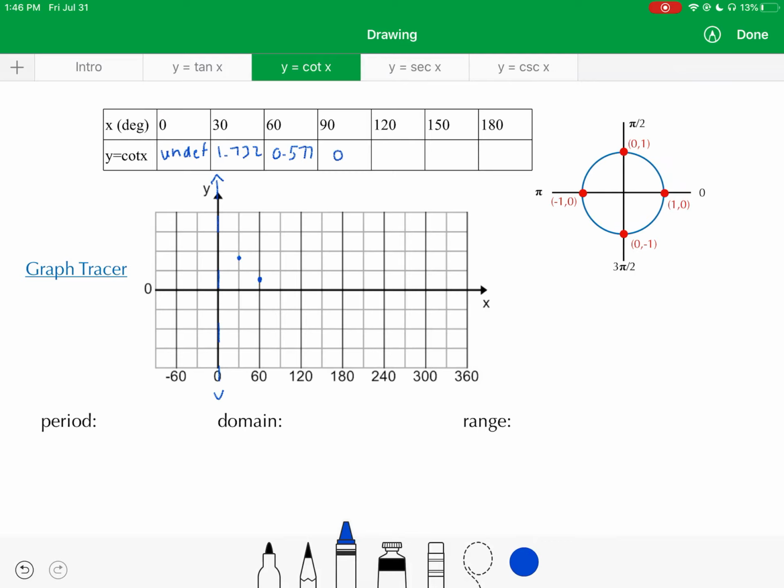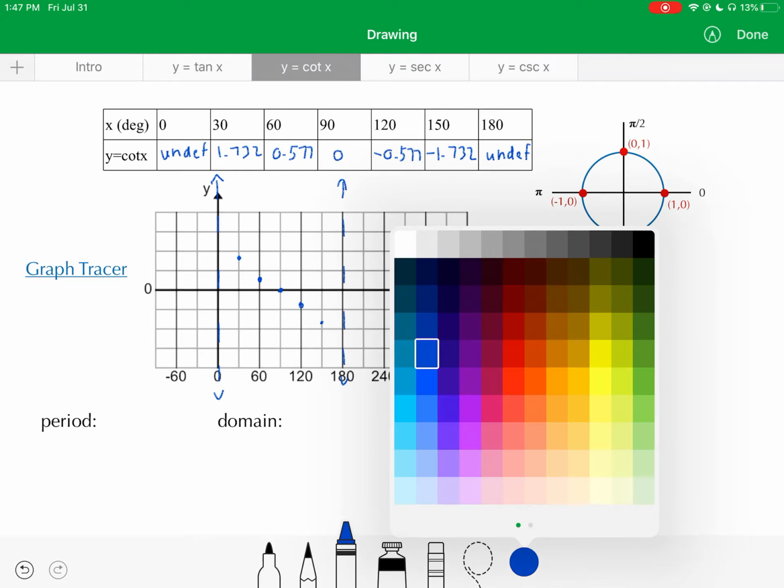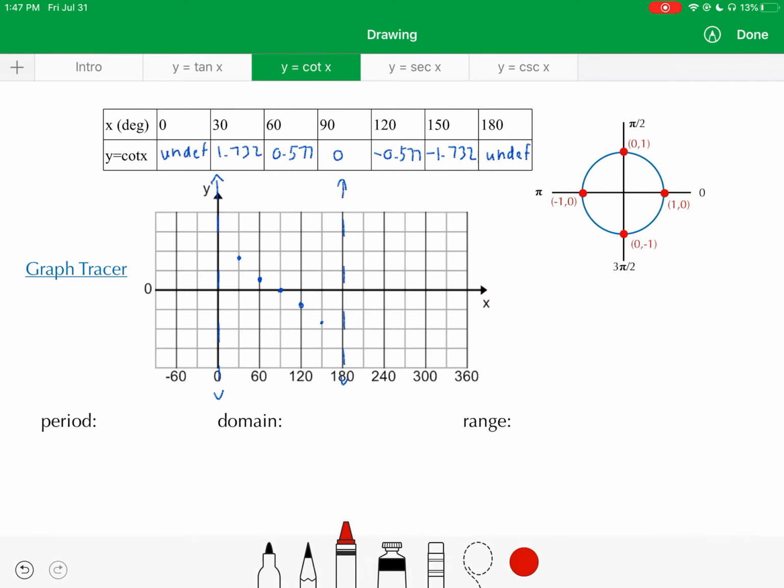Cotangent of 90 is 0. Cotangent of 120 is negative 0.577. Cotangent of 150 is negative 1.732. Cotangent of 180 is going to be undefined again, so another asymptote. Those points all together make one full cycle.